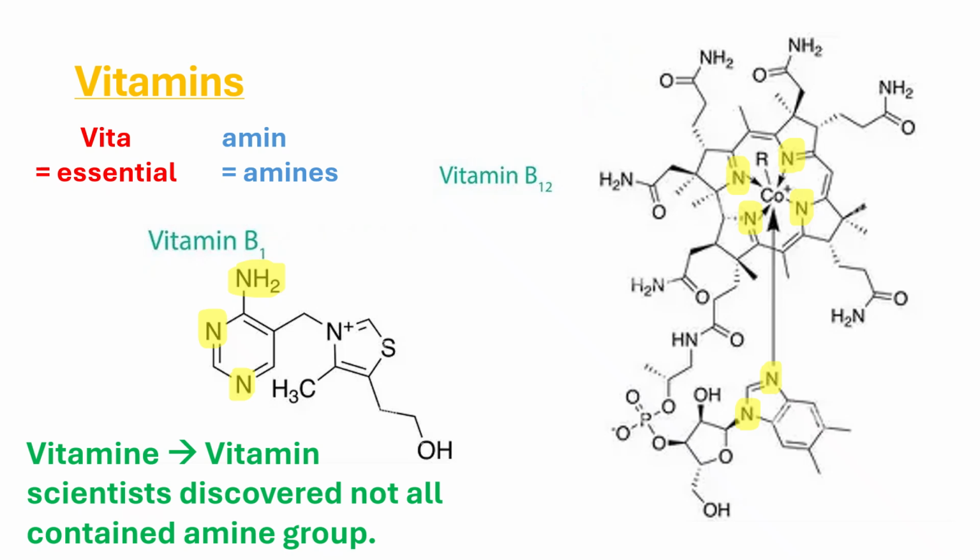But as scientists discovered more and more, they discovered vitamin A and vitamin C, which don't have any amine groups in their structure. Instead, they have hydroxyl groups, alkene groups, carboxylic acids or esters. They had all other groups but amine groups.